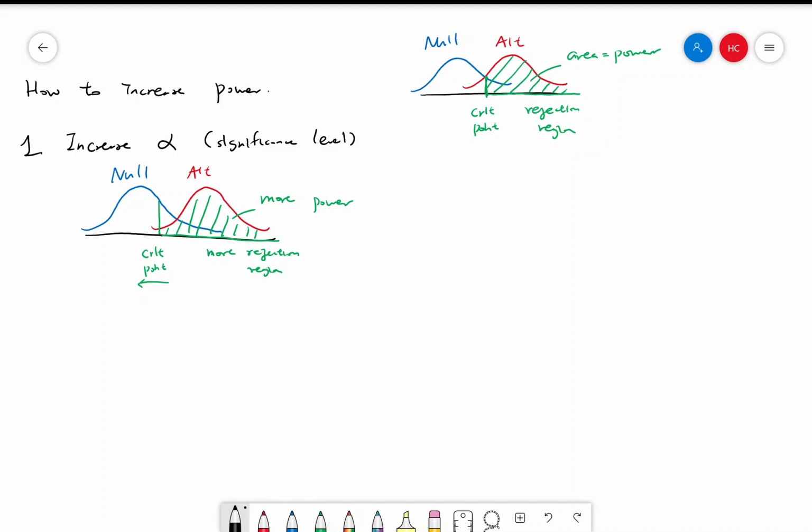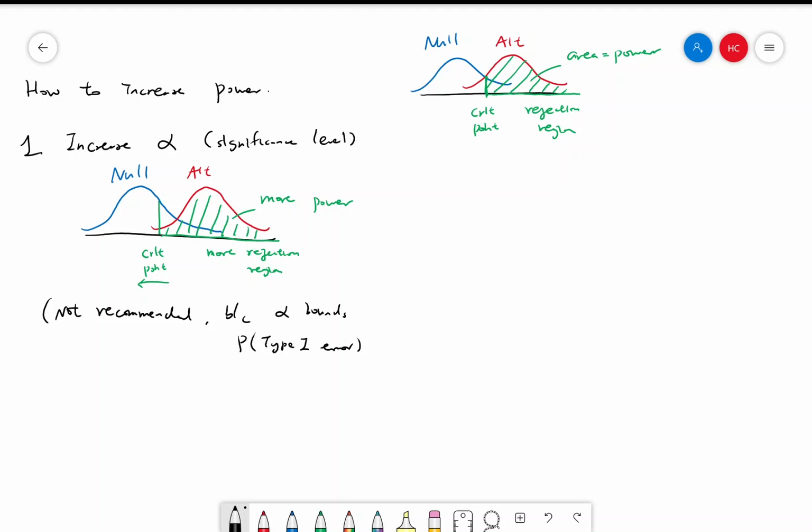Yeah, so that's one way, but this is not recommended because alpha bounds the probability of type 1 error. So if you increase alpha, you increase power, but you also increase the chance of type 1 error happening.